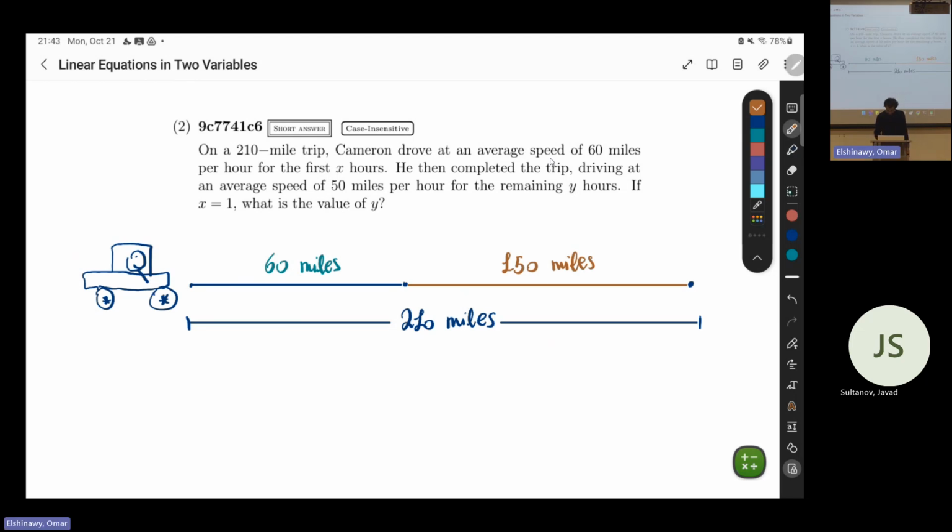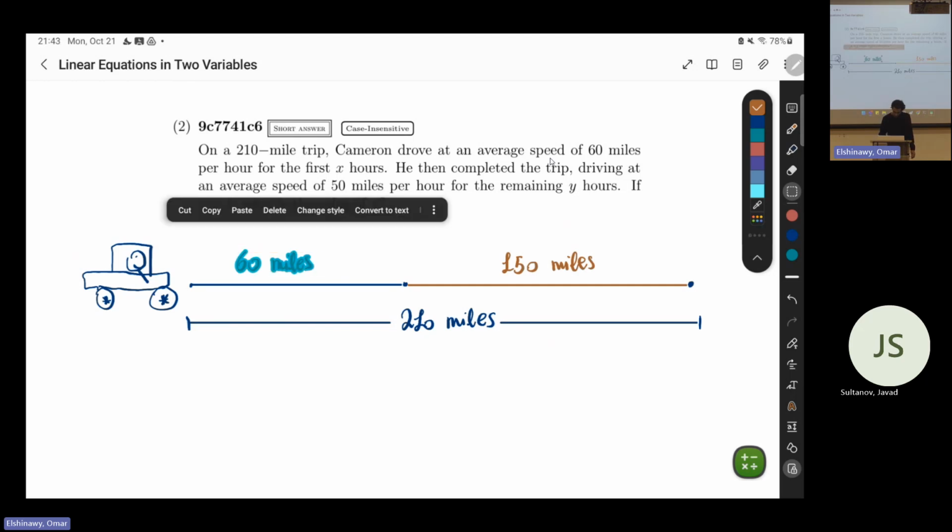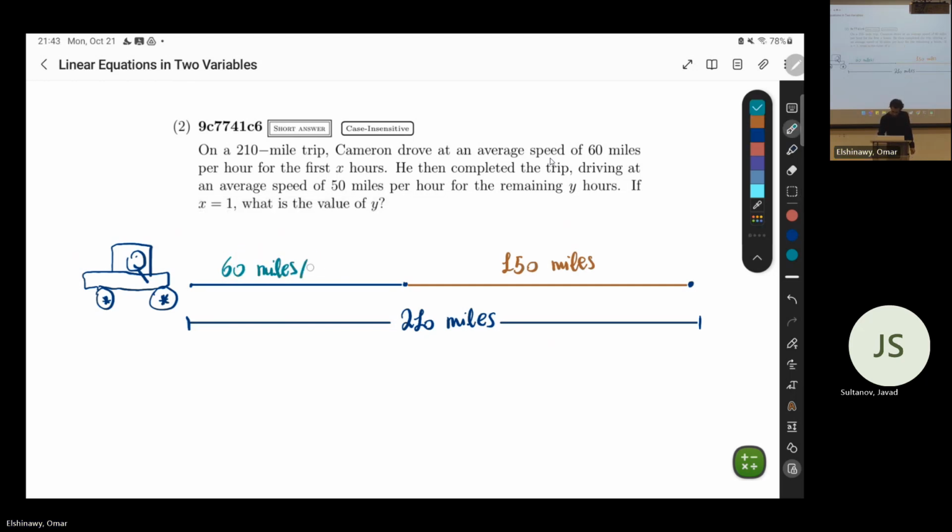Now let's be even more accurate here. So this is 60 miles per hour. Okay, maybe I kind of gave away the answer. You already completed it. Yes, I know, but if you want to present the solution, you need to do it in a certain way.